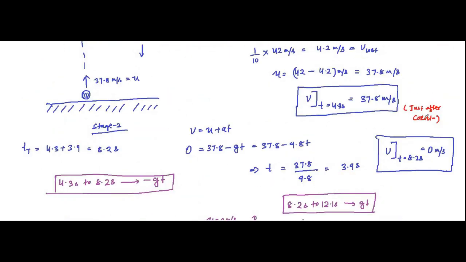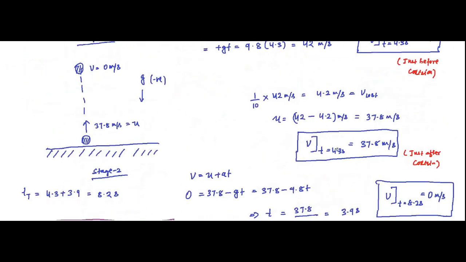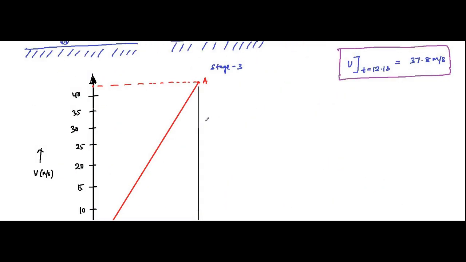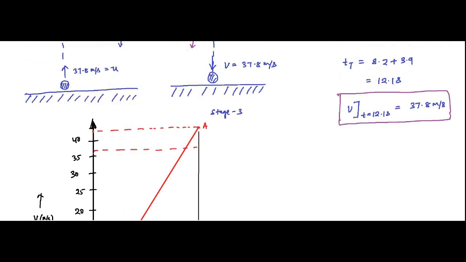Again, this is just before collision. Just after collision, it loses 1/10 of its velocity, and the new velocity just after collision is somewhere around here, 37.8. So it loses that much velocity. Let's call this point B.